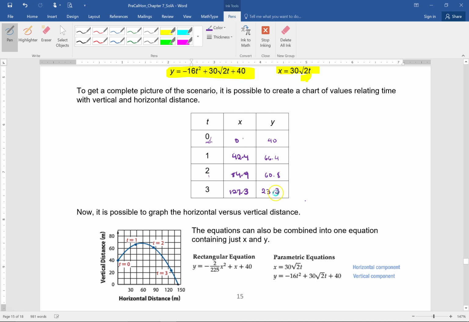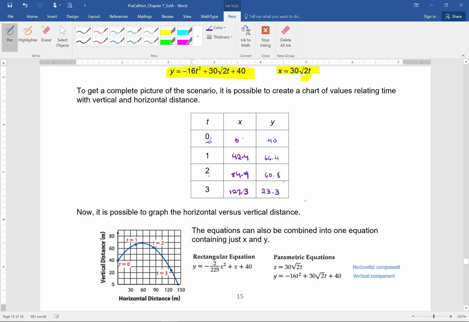All right, now, so at t equals 0, the horizontal distance is 0, the vertical distance is 40, right? Because the guy is holding it, so it's right next to him, but at 40 meters. At t equals 1, it moves away horizontally and it moves away vertically. And this is at t equals 2 and t equals 3.